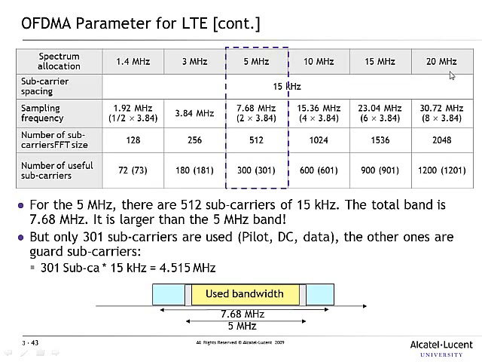Obviously, if we go with 20 megahertz, we will get 1,200 subcarriers. So generally, the larger the bandwidth, the more the number of subcarriers, and these other aspects refer to the sampling frequency, as well as the number of subcarriers per FFT.